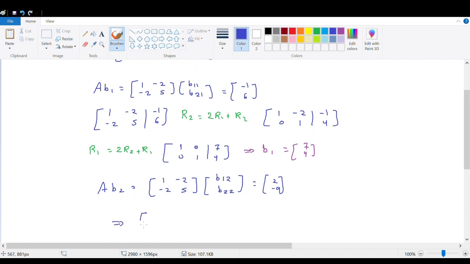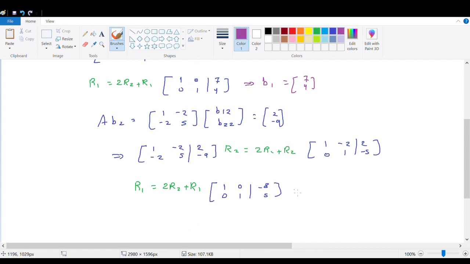We can solve this by row operations on [1, -2 | 2; -2, 5 | -9]. We do the same row operations: row 2 equals row 1 plus row 2, and row 1 equals row 2 plus row 1, and we get the solution for b2. From here it is clear that b2 is (-8, -5).